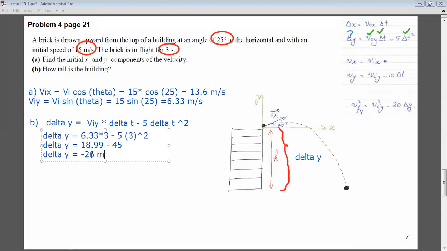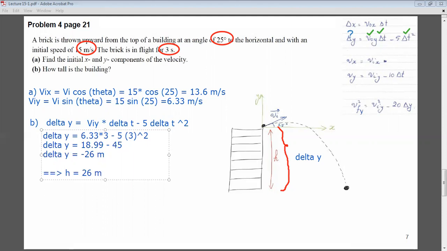This is very much expected because delta y is negative, it's going in the negative direction. If delta y is minus 26, it implies the height of the building is equal to 26 meters.